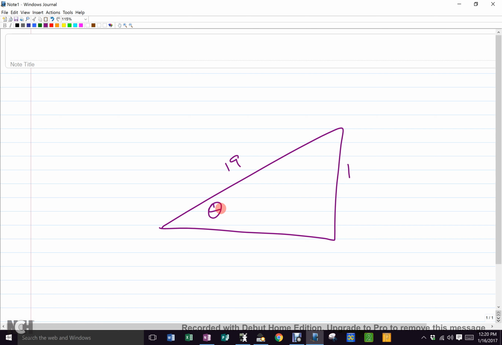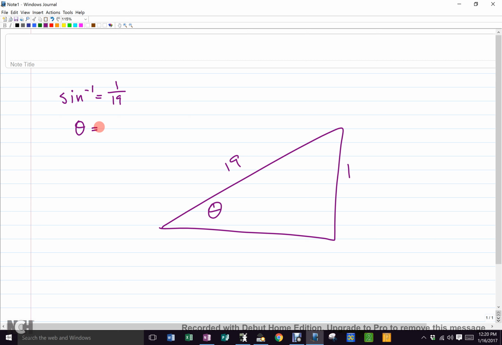If I can find theta, how would I find it? You do the shift. No. Shift the sine. If I do shift sine of opposite 1 over 19, will I get theta? Yeah. What is it?